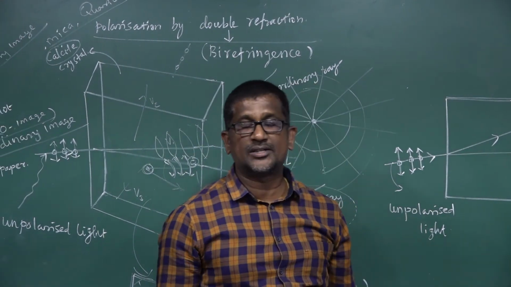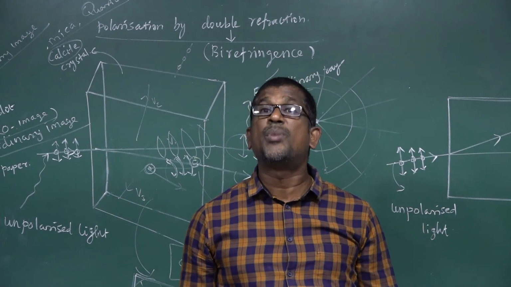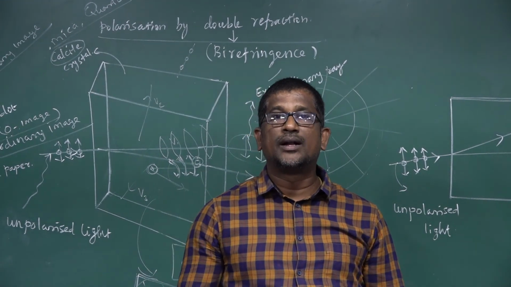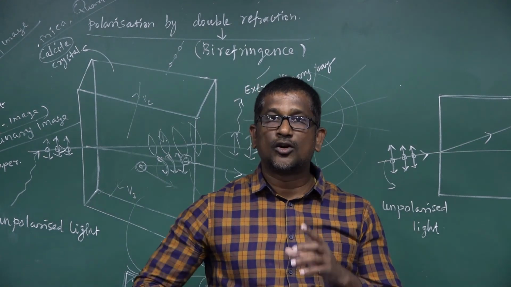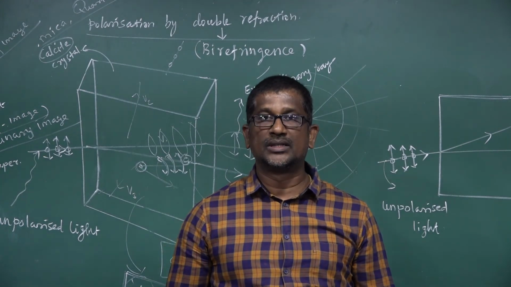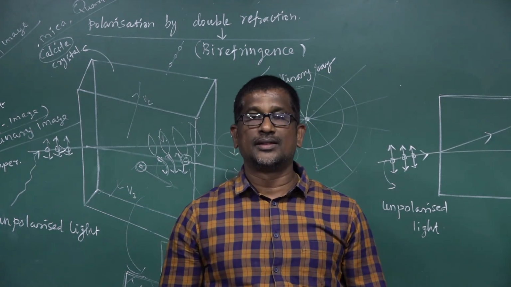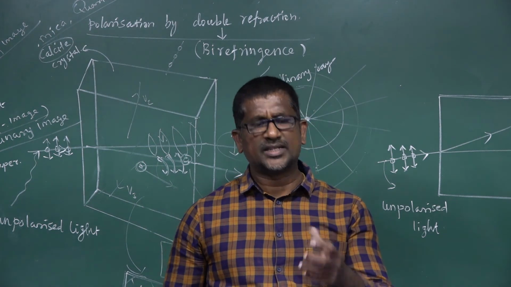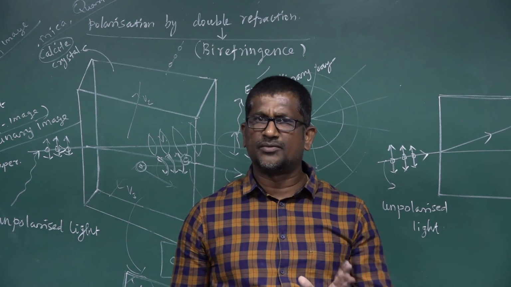So once again I repeat, the double refraction phenomenon was first discovered by Bartholinus. He discovered that when unpolarized light is passed through a calcite crystal, two refracted rays are produced. That is, two images of a single object are produced. That phenomenon is called double refraction. If any object is viewed through a double refracting crystal, we can see two images of a single object.